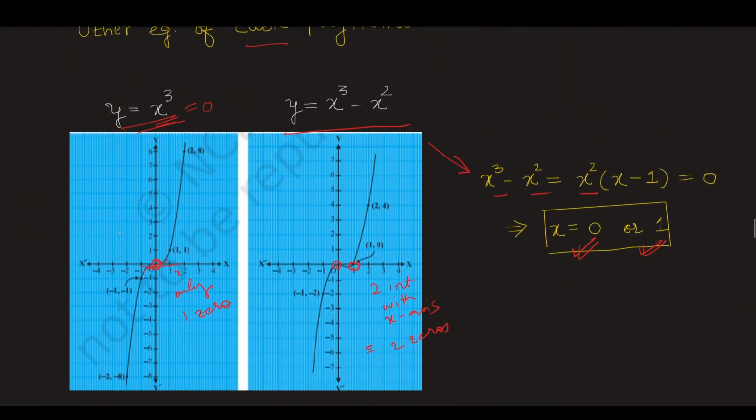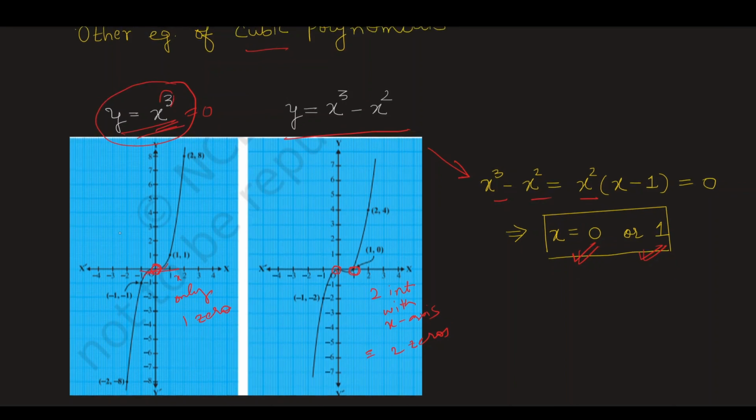Suppose in this case, let us take this example. y is equal to x cube. It is a cubic polynomial because its degree is 3. But we have just calculated that it has only 1 zero. See, this 1 and this 3 are not matching, and in this case also the degree is 3, and we have calculated that it has 2 zeros.